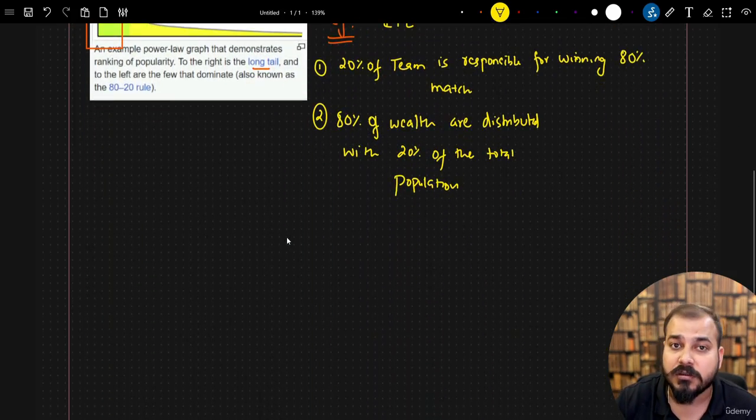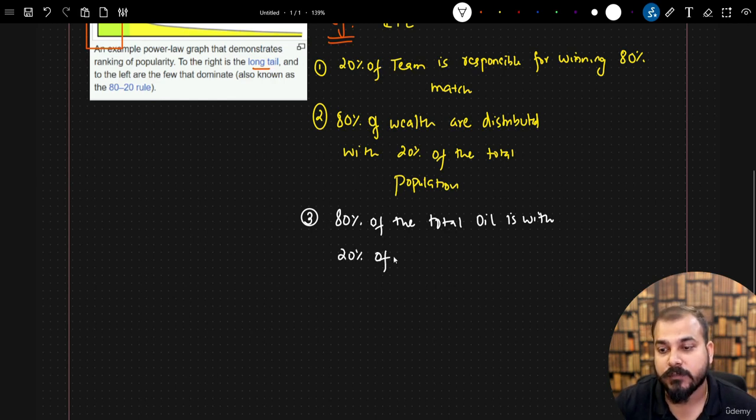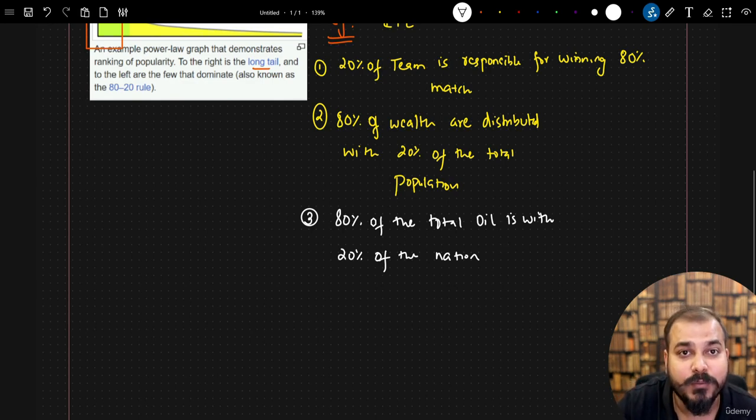Let's talk about the third example. You can say 80% of the total crude oil is with 20% of the total nations. This can also be a perfect example in understanding the power law.